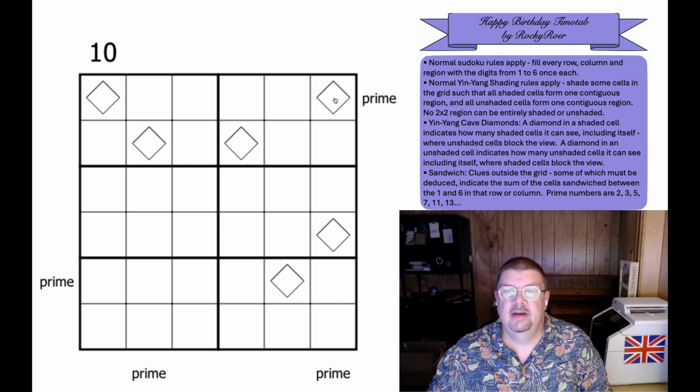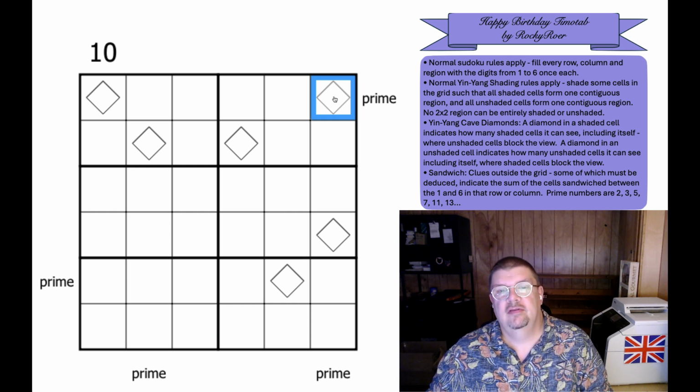A diamond in a shaded cell indicates how many shaded cells it can see, including itself, where unshaded cells block the view. A diamond in an unshaded cell indicates how many unshaded cells it can see, including itself, where shaded cells block the view. So, what does that mean?